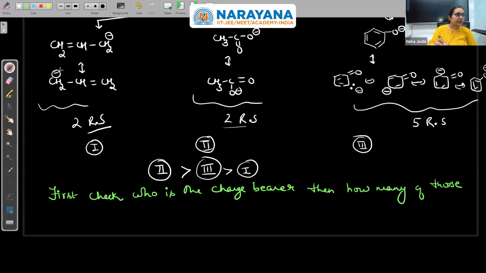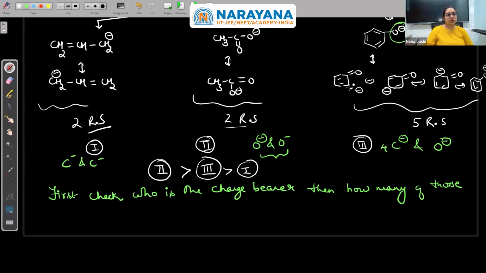So what is happening here, who is the charge bearer? C minus and C minus. 1 C minus, 2 C. Here O minus and O minus. Here C minus 4 times and 1 O minus. Okay. So of course 2 oxygen minus sharing equally is best, 1 oxygen minus versus 4 carbons.